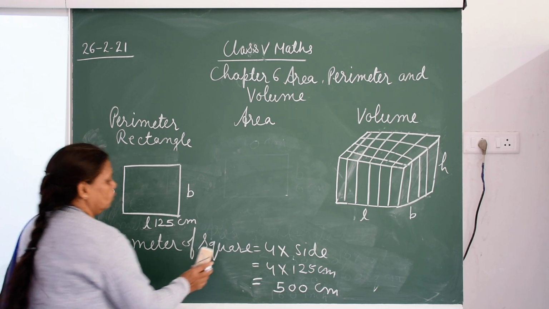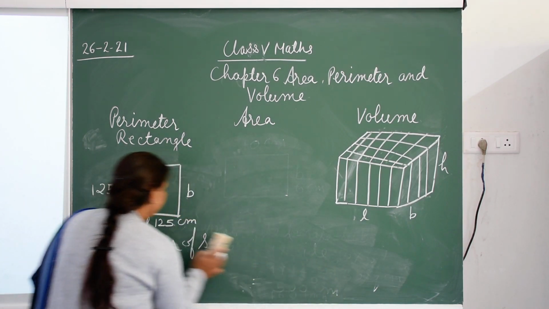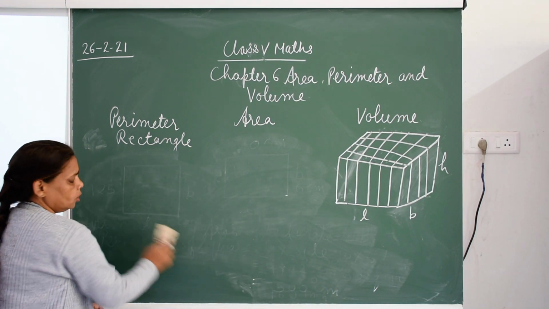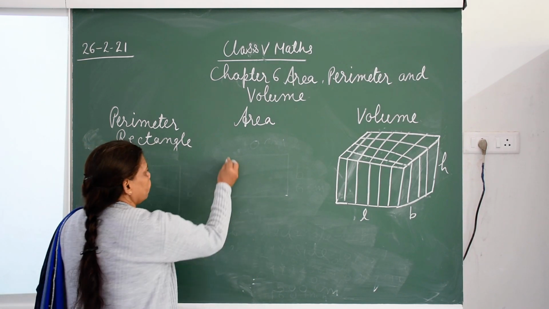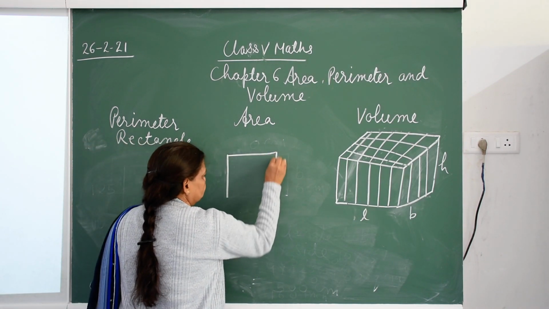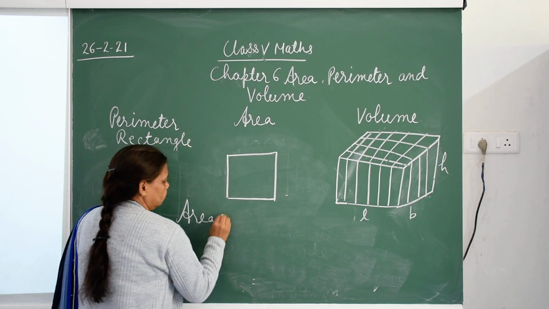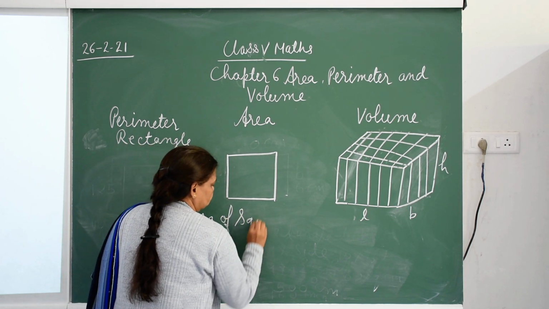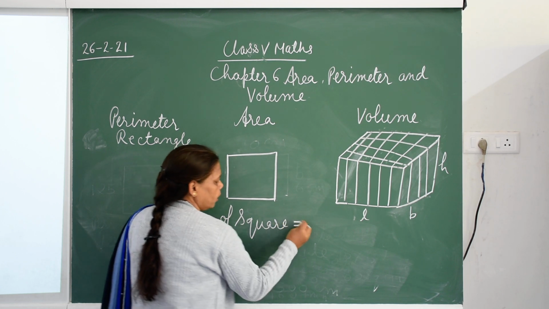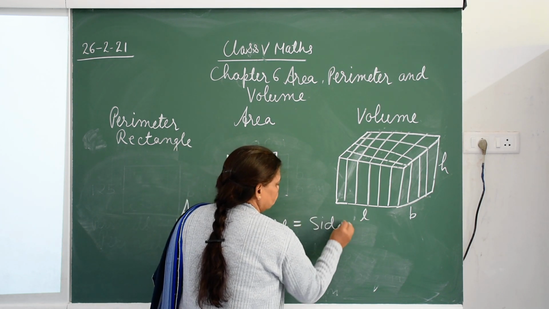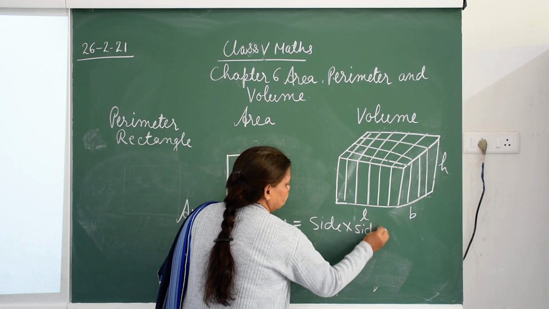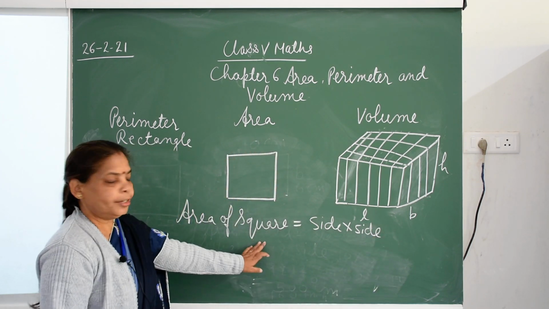Now find the area of a square. Area of a square: all sides are equal, so side into side.